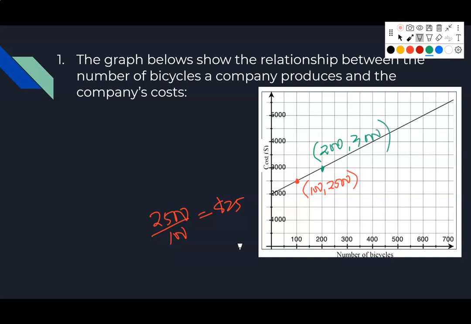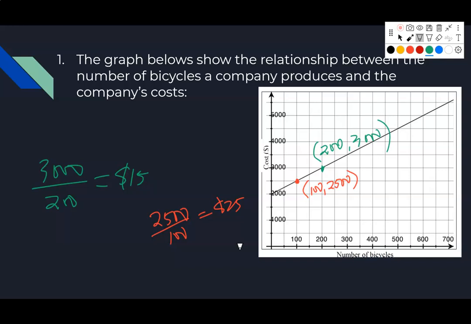But we know that if we use her computation, 3,000 over 200 equals 25. No, it's actually equal to 15. So that already contradicted her claim. So that's why it is incorrect.